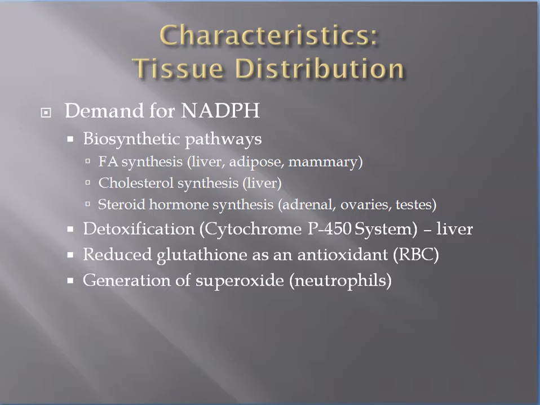Steroid hormone synthesis occurs in the adrenal glands, ovaries, and testes. Detoxification through the cytochrome P450 system occurs in the liver, reduced glutathione acts as an antioxidant in RBCs, and superoxide is generated in neutrophils.